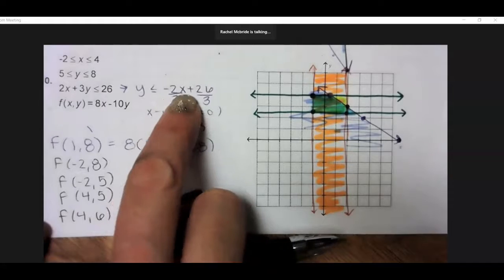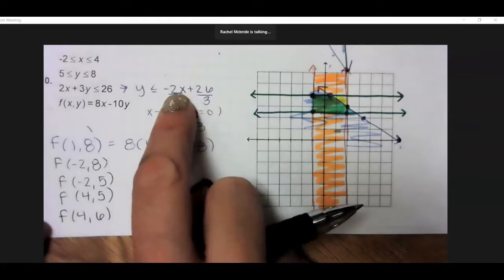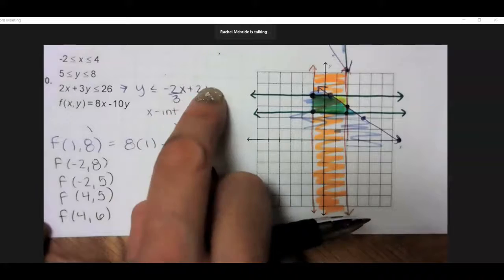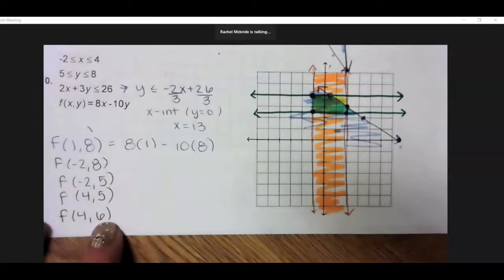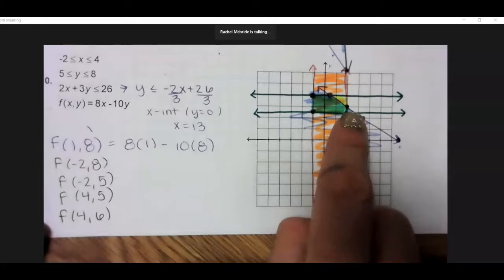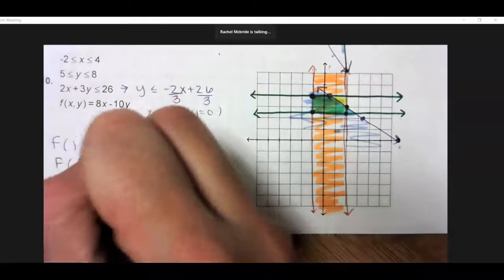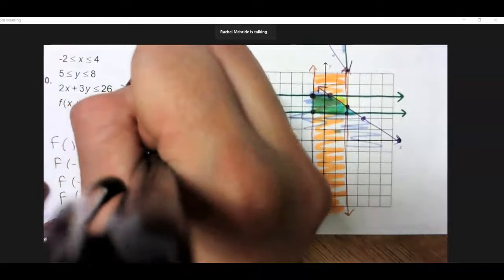So negative 2 times 4 is negative 8. Negative 8 plus 26 divided by 3 gives you 18 over 3, which is 6. Do you see how I got each of those points if I can't see them clearly on my graph? And then we have to plug all of those in.